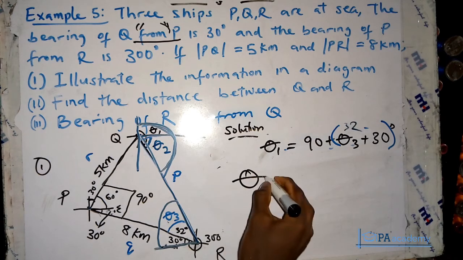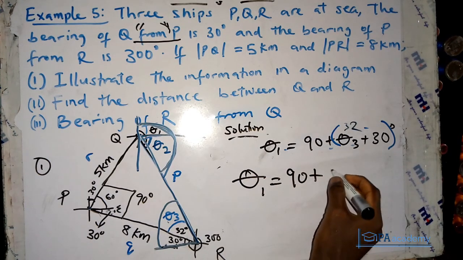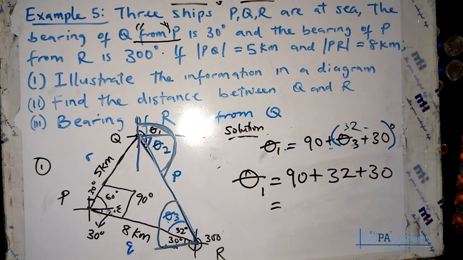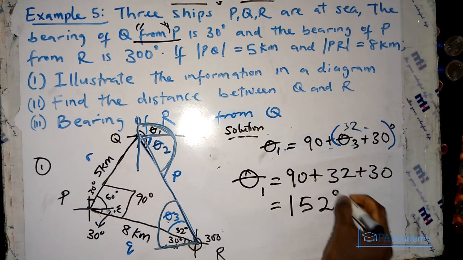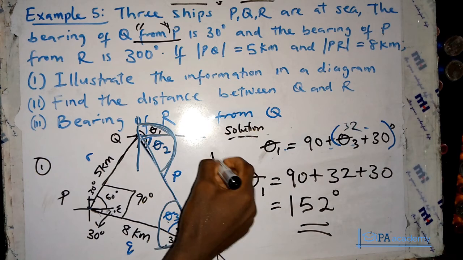Our theta 1 is equal to 90 plus our theta 3, which is 32, plus 30. So 90 plus 32 plus 30 will give us 152 degrees. And that's the answer to the third part of this question.